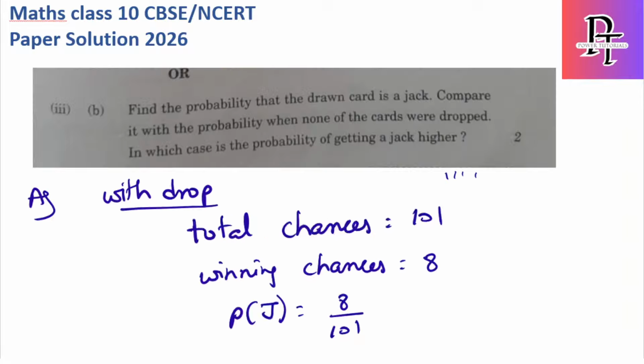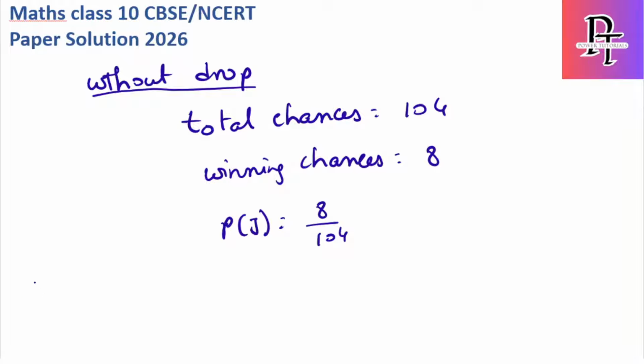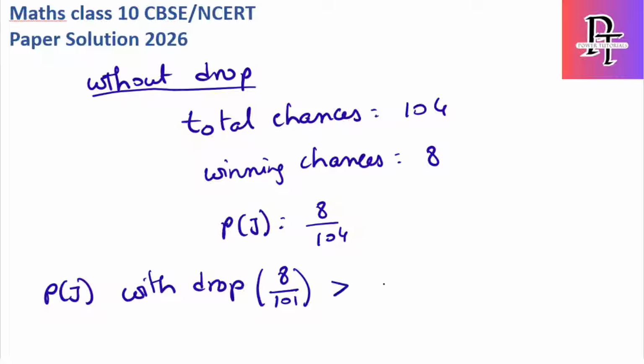And here it is 8 by 101. So which is higher? Definitely 8 by 101 is higher. So I'll write probability of Jack with drop, 8 by 101, is greater than without drop, which is 8 by 104.